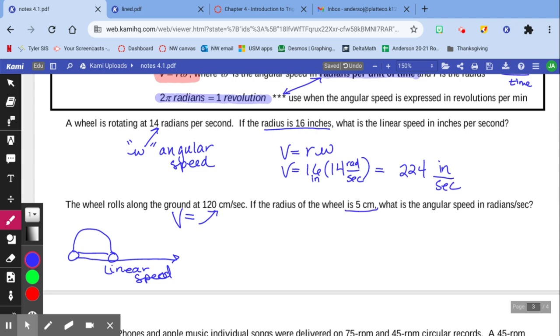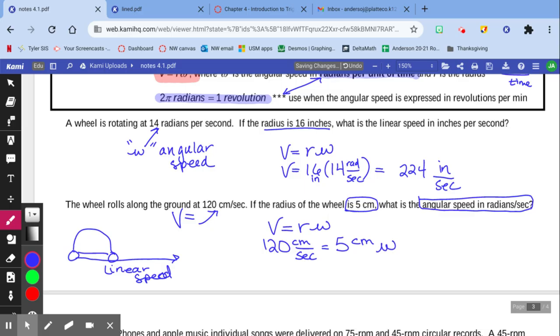The radius is 5 centimeters. What is the angular speed? This is kind of having us work backwards. Using that formula, it gives us 120 centimeters per second. If I know the radius is 5 centimeters, what is its angular speed?